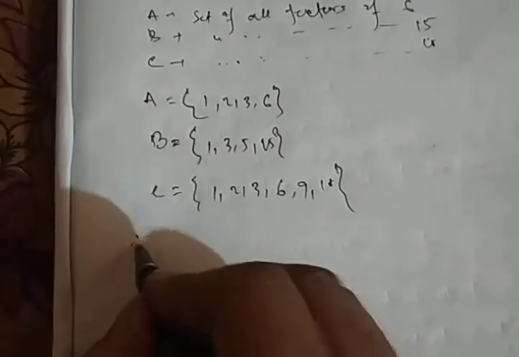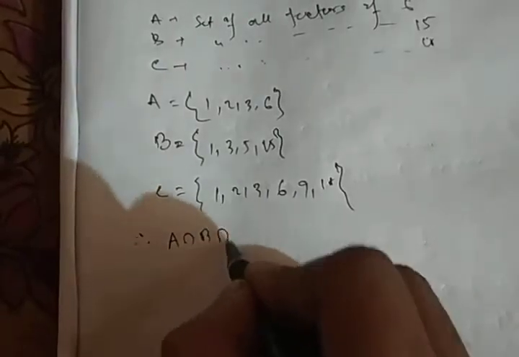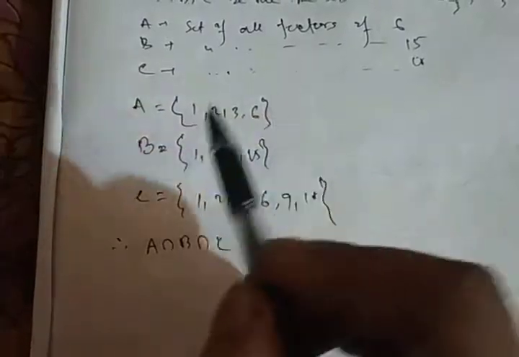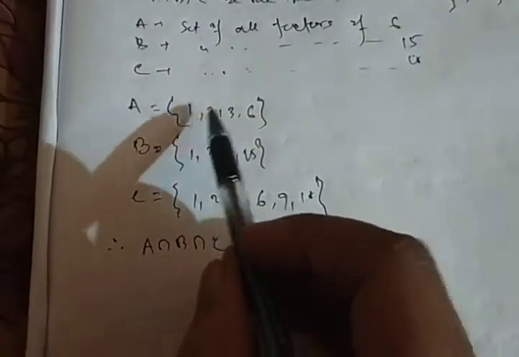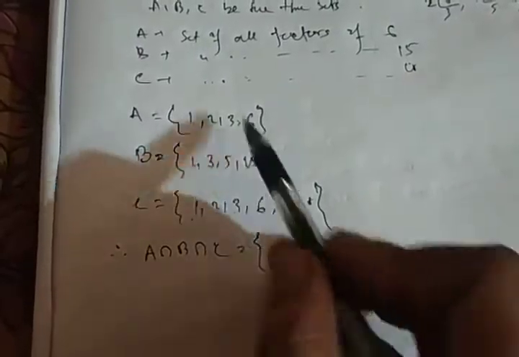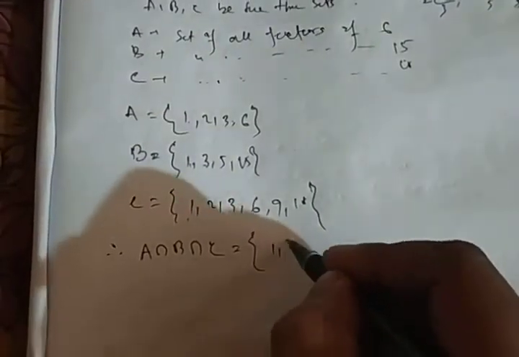So A intersection B intersection C will be the common numbers. The common numbers are 1 and 3. These are the common numbers of the 3 sets. So this will be {1, 3}.